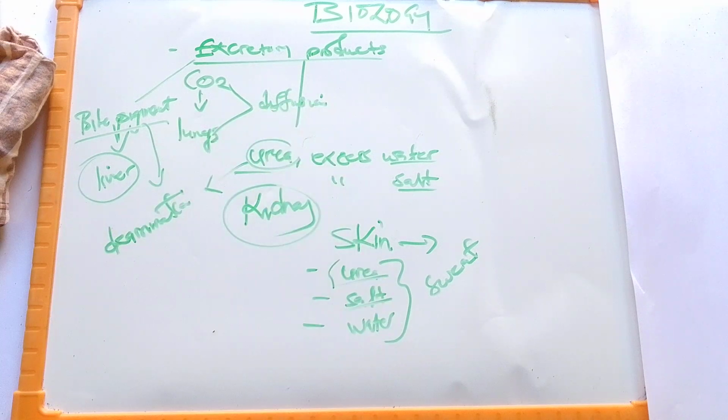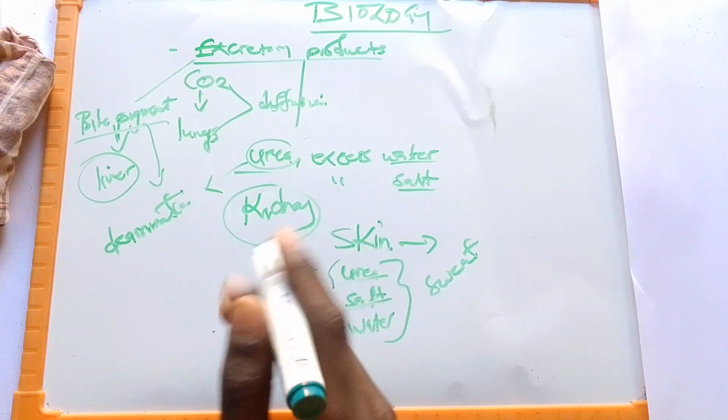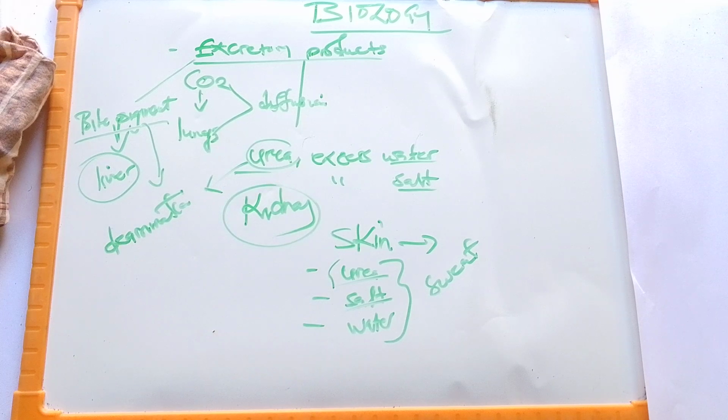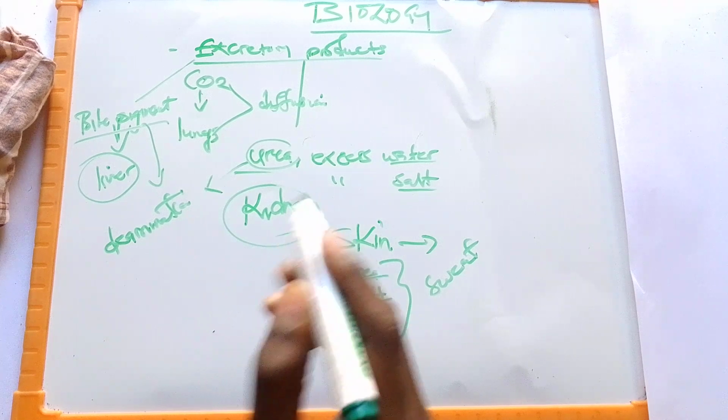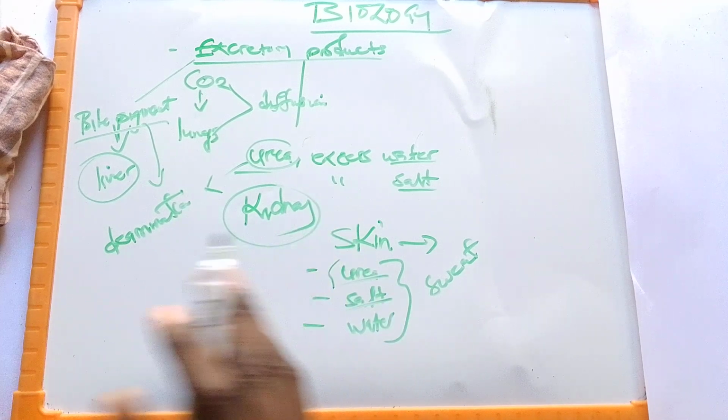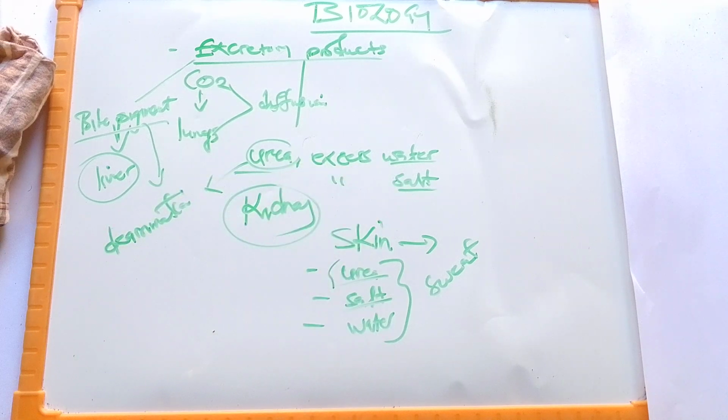Then the kidney will take it up to excrete urea, because when urea accumulates in the body, it becomes toxic or poisonous, which can damage the body parts. So this is about the excretory products and organs.